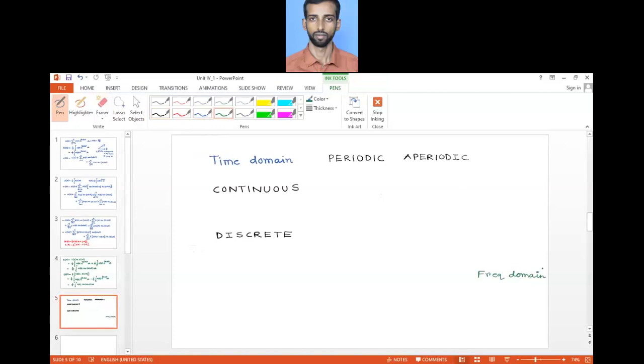Whenever we observe the signal representation in the frequency domain, it can be discrete as well as continuous. So here we write discrete or continuous.